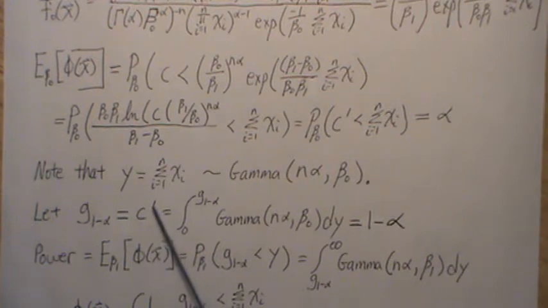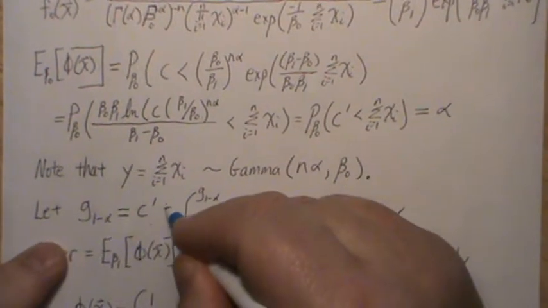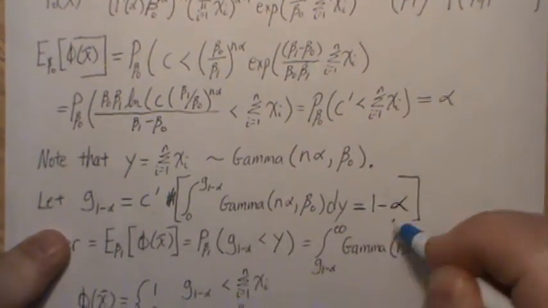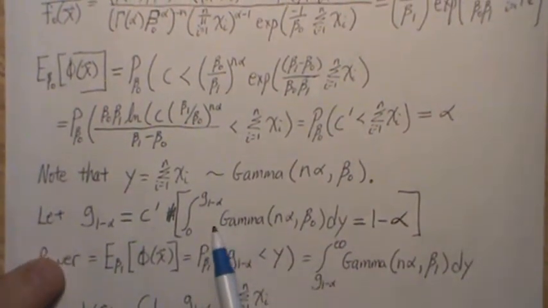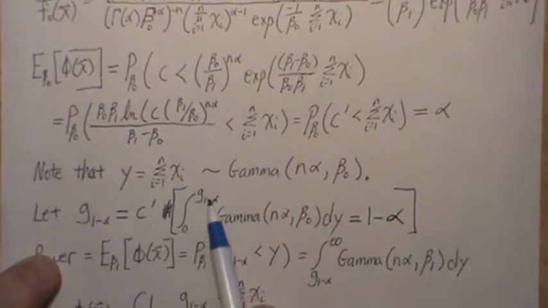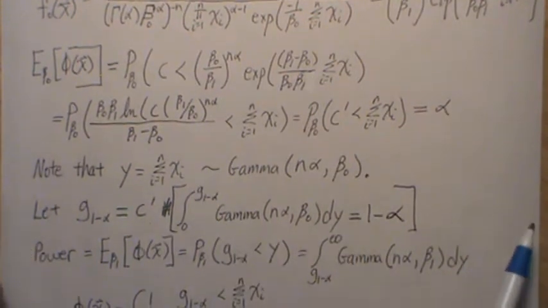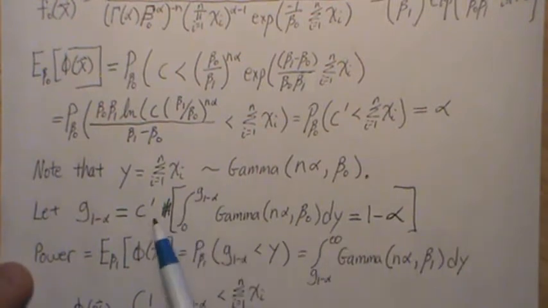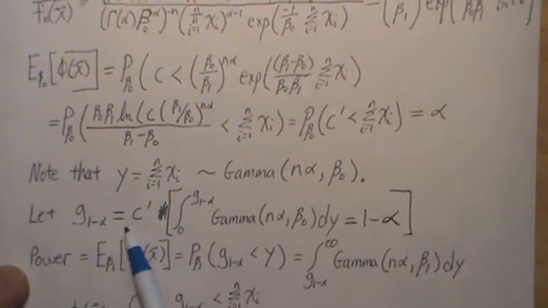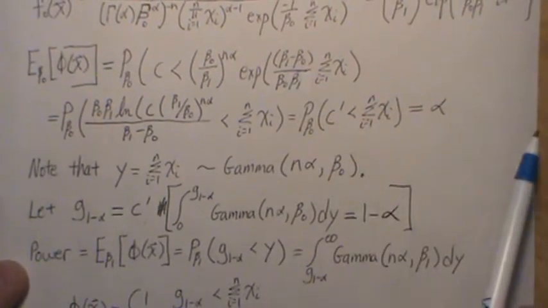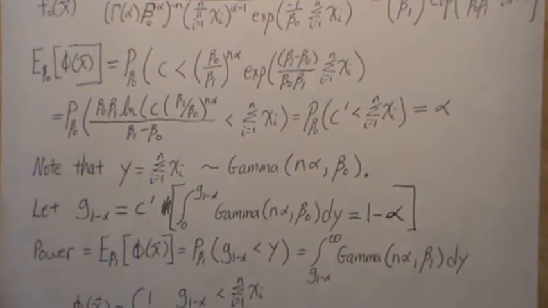So we're finding this relationship, and we want this number here, because it's that number in the distribution that makes the area in the tail alpha. And that's what we set C prime to be, because then this probability, of it being greater than that, is alpha.